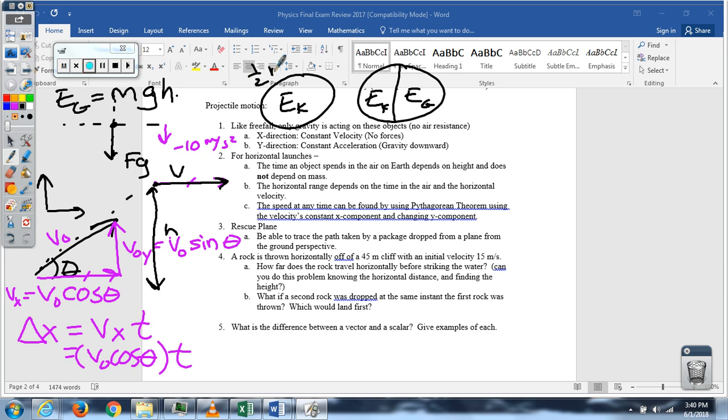This EK is 1/2 mv squared, but particularly whatever v naught is, so that's where you would use this value. This is going to be 1/2 mvx squared. The speed up here is whatever Vx is. So if you knew the angle, you could figure out Vx and plug that in here and find what the kinetic energy would be. If you subtract that kinetic energy from the initial kinetic energy, you have what's left over, and that's mgh. You could use that to solve for h.